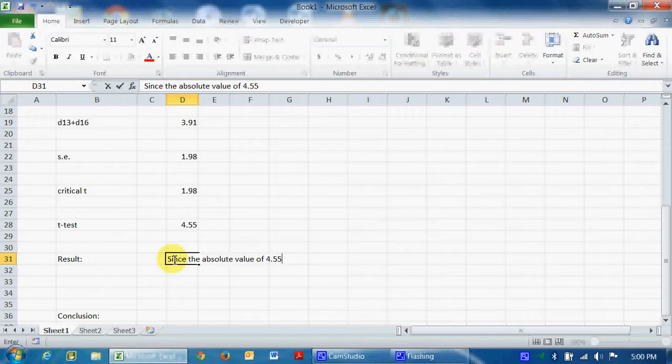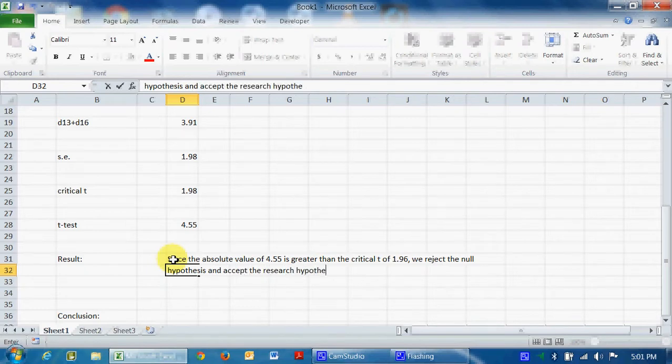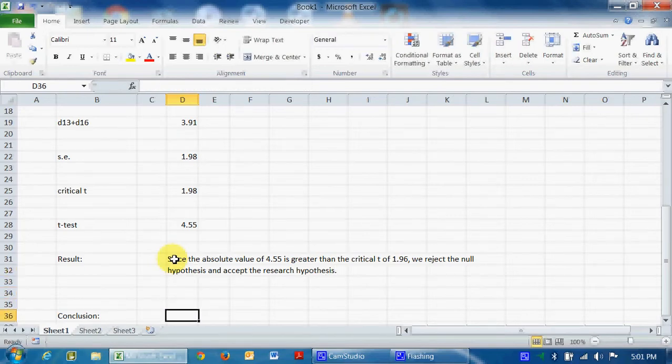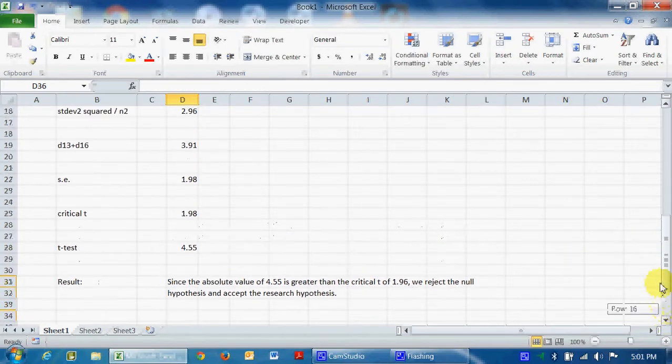They put negative 4.55, but since we did the absolute value already, it's not necessary to put the negative sign, is greater than the critical T of 1.96, we reject the null hypothesis and accept the research hypothesis.